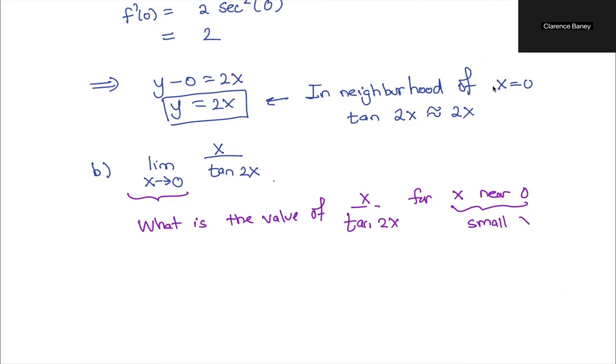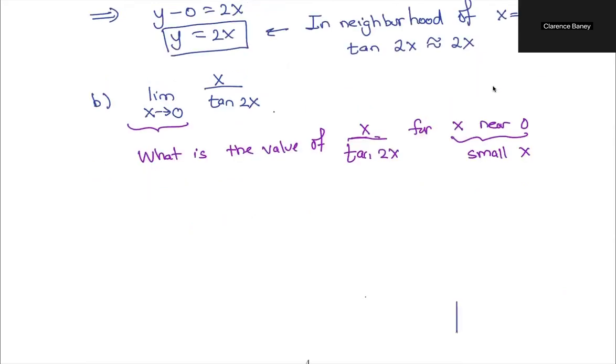So what would be the value of x all over the tangent of 2x for small x? I'm asking you to make that approximation. And so if you can not think about the limit as x approaches 0 as plugging something in or doing algebra, but think of it in terms of, I want to know what's happening for values of x that are really tiny, then this turns into a new problem.